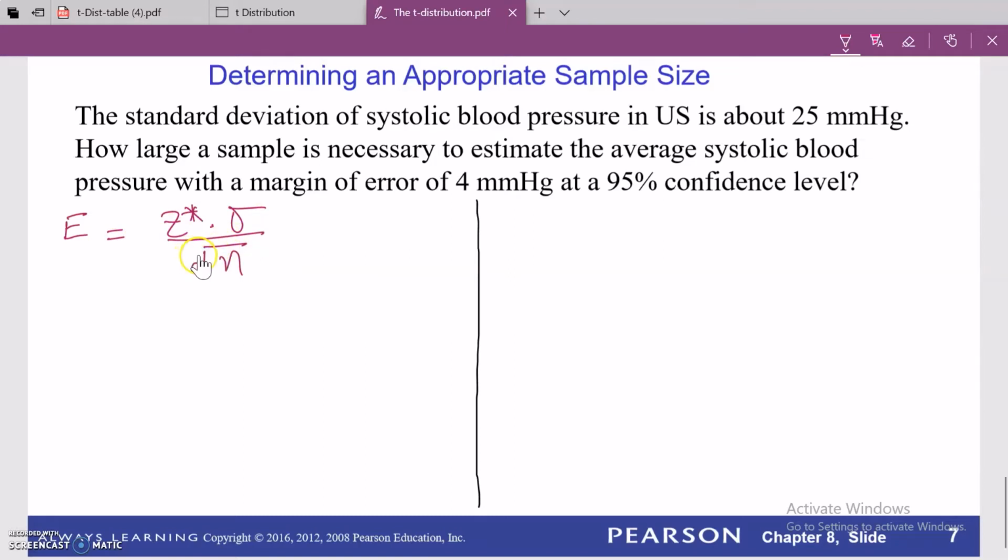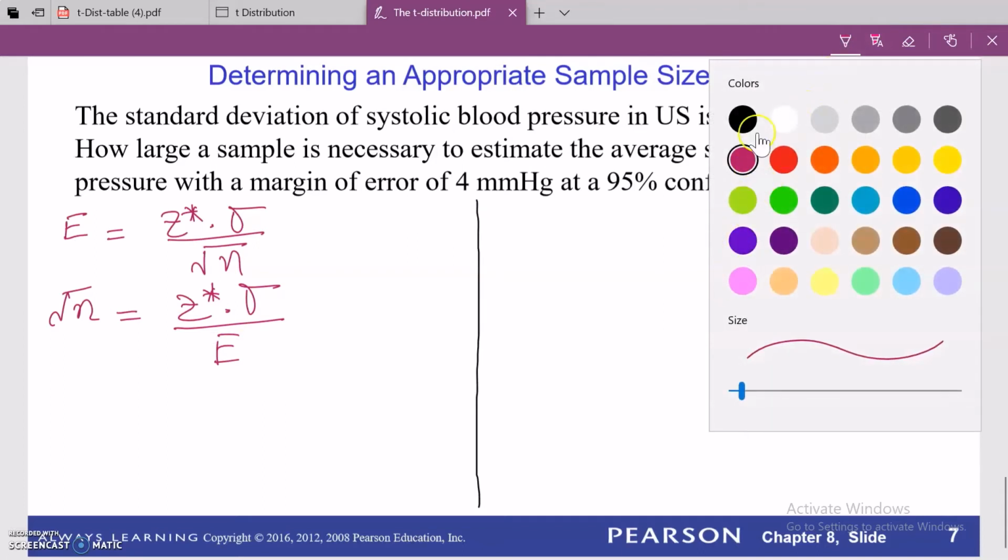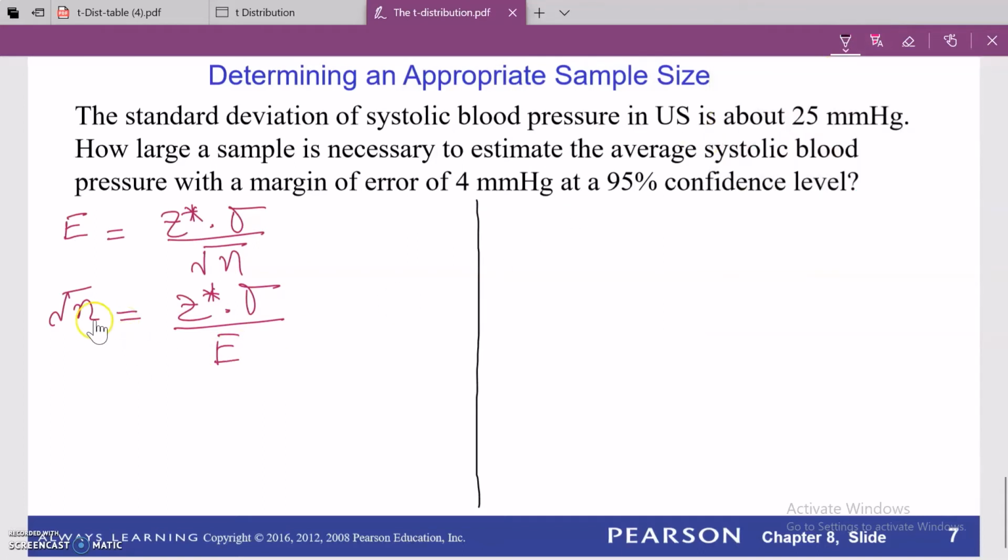Now I'm going to do a little algebra. I'm going to move this term to this side, and move this E into the denominator. Very simple algebra. So the square root of the sample size is equal to Z star multiplied by sigma divided by E. Now in order to find the value of n, I have to get rid of this square root, so I square both sides.